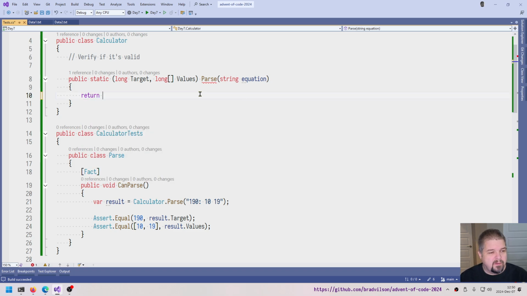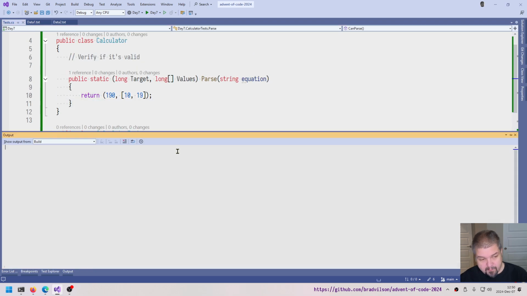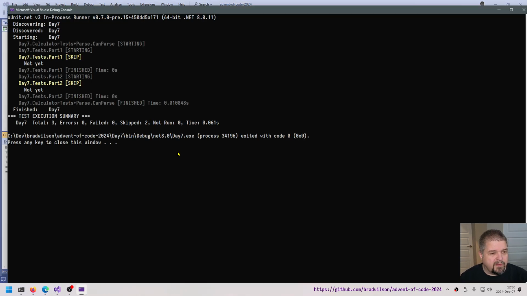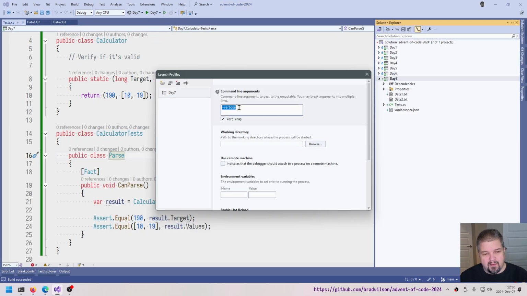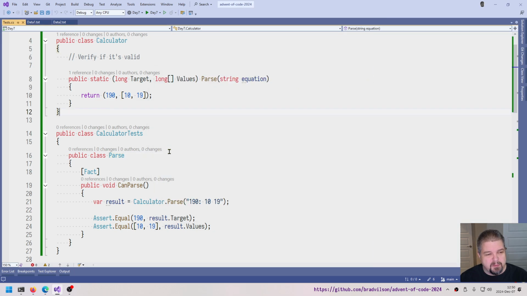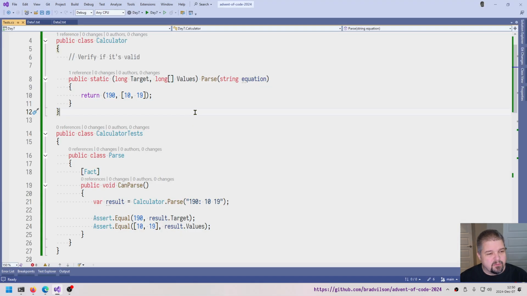If we want to do the simple case, we can return 190 and 10 and 19, force ourselves to implement a second piece of data. Okay, so that's good. Oh, I have verbose on again. Let me turn that off. Whenever you see me running with verbose, it means that there were things that were running slowly and I wanted to see how slow and whether or not I could make them faster. Hint that we might be doing some optimization today. Okay.